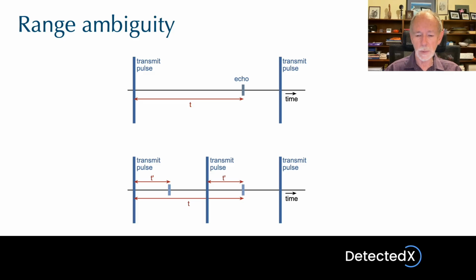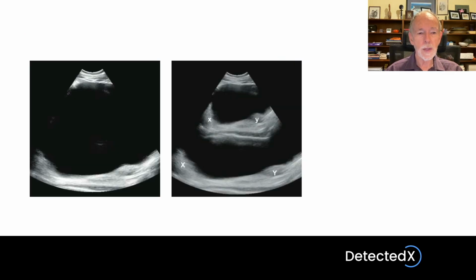Let me show you an example. On the left, we have an image of a filled urinary bladder, and this is when the machine is operating normally. In this case, the sonographer was playing around with the focus controls and selected a setting of the focus controls that was very unusual.